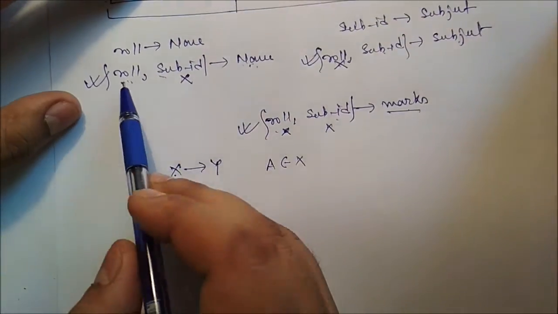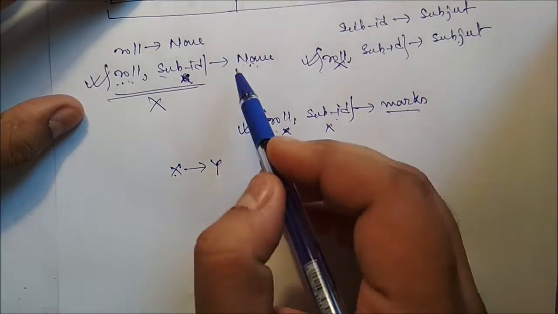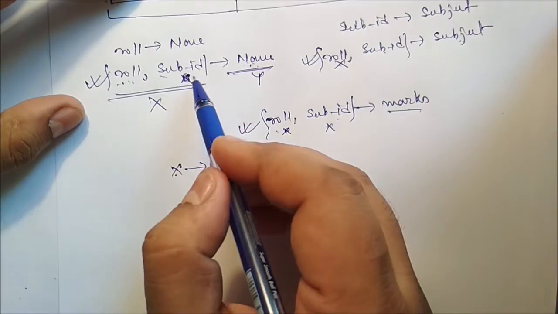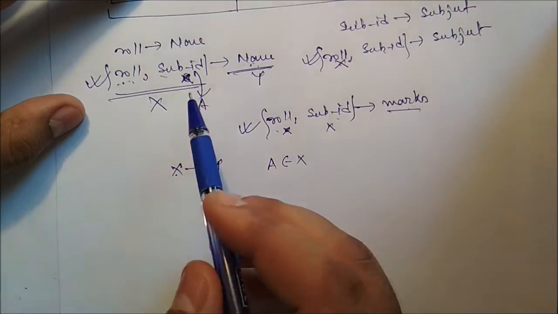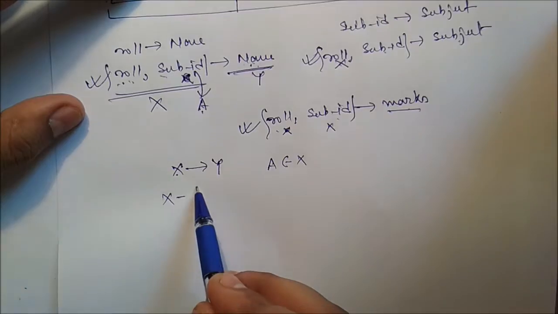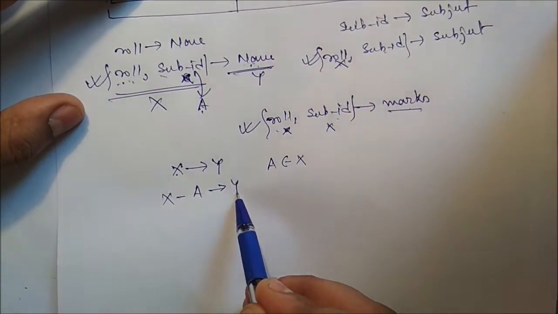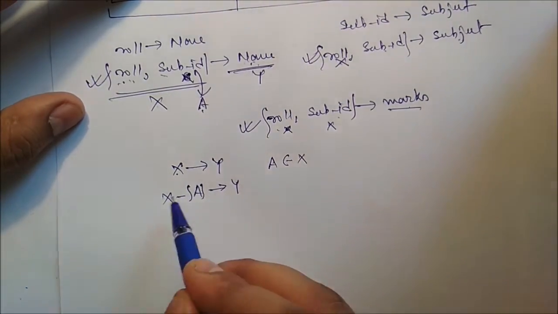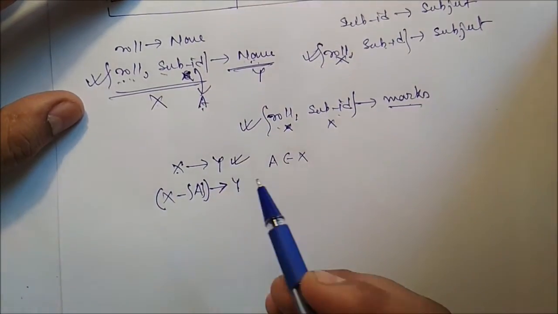So we can say roll number and subject ID together is X, and this is our Y, and assume subject ID is A. If you remove A from X, then we can still identify Y. So this dependency is called partial dependency.